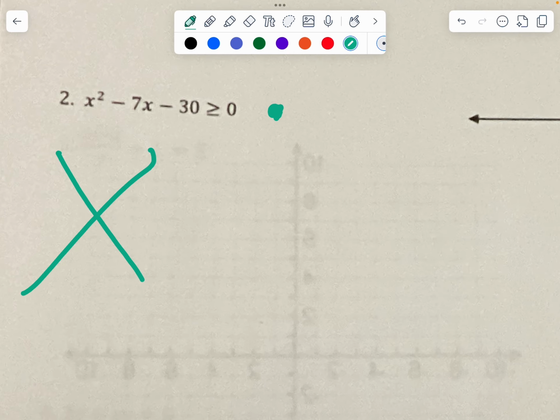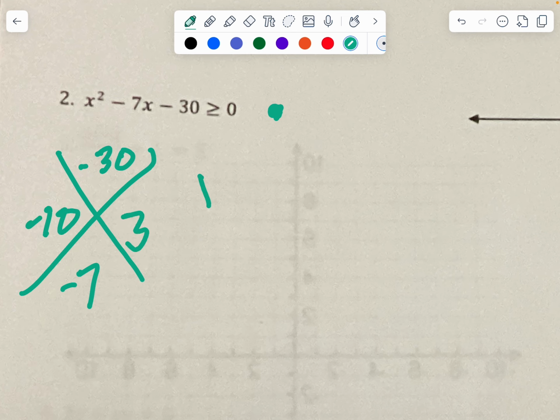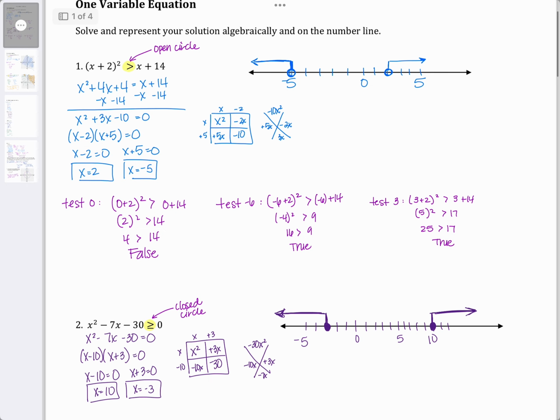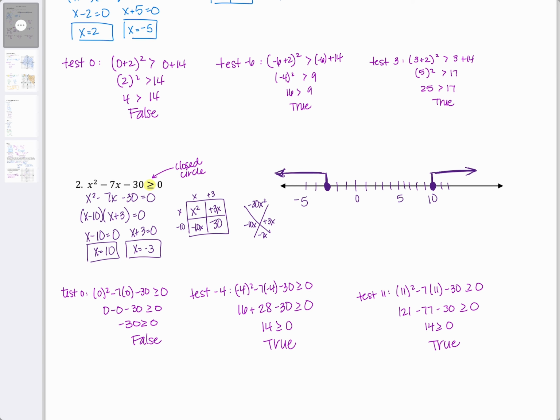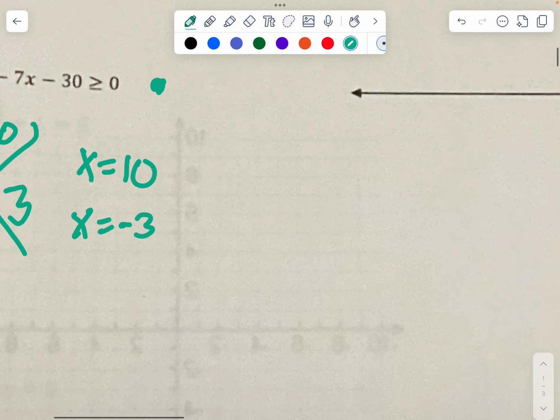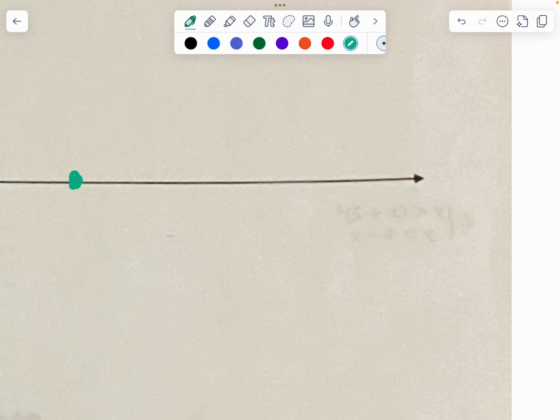So first I'll factor it out. The factors are going to be negative 10 and 3. X equals 10. X equals negative 3. And then we'll plot the points. Here, we'll make some marks real quick.